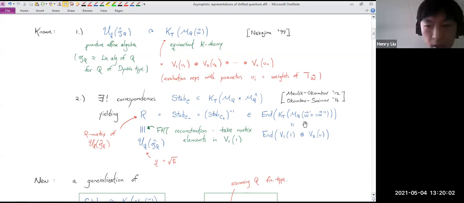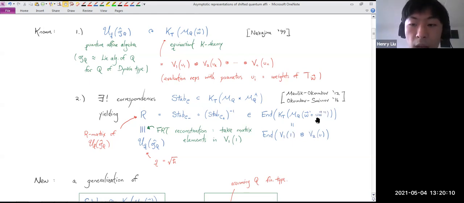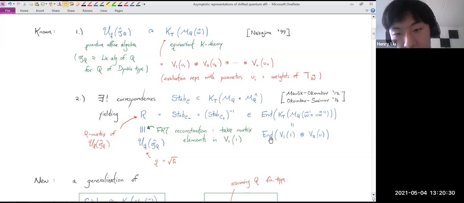The first one will be associated to the first part of the framing, and the second part will be associated to the second part of the framing. And the second part carries this weight u. And we'll take the R matrix acting on this object. And what the reconstruction procedure says is that the algebra that you want to recover is exactly the algebra of matrix elements in the first factor.